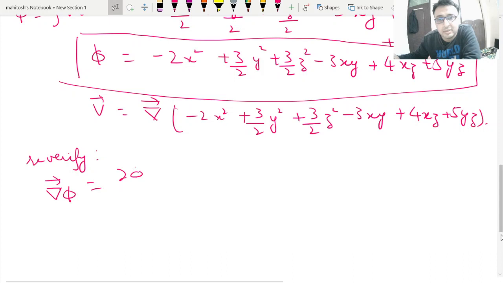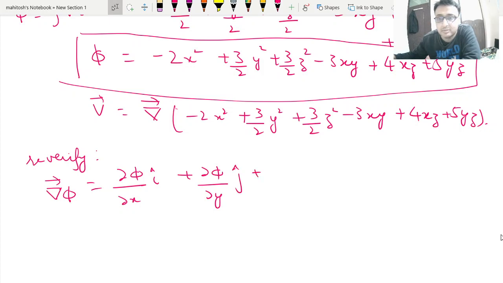Grad of phi is nothing but dou phi by dou x i cap plus dou phi by dou y j cap plus dou phi by dou z k cap. So we can write this as i cap, and this is how much?